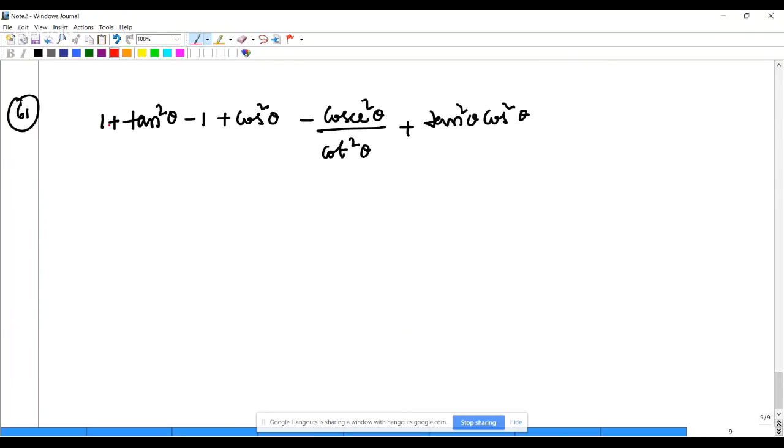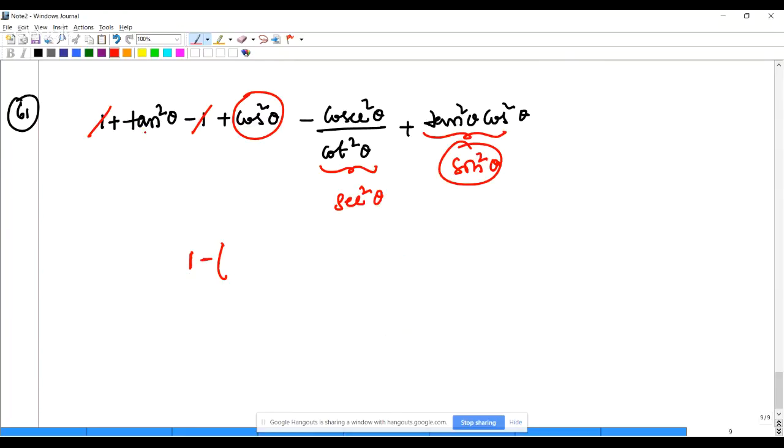I can simply cancel plus 1 and minus 1, and I would say this is sine square theta, and this is secant square theta. We know cos square theta plus sine square theta is 1, minus if you take tan common, secant square theta minus tan square theta is also 1. Finally, you have 1 minus 1, a 0 there.